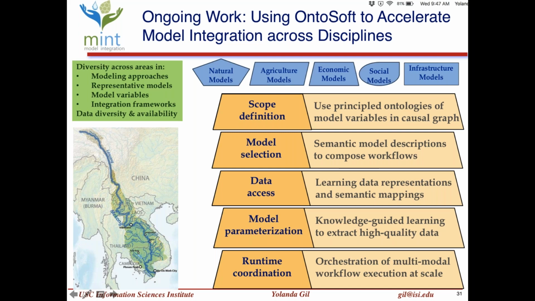If you have a number of data sources in the system where you've already annotated certain columns as temperature, and you get a new tabular file, the system will look at the columns and say, oh, that looks a lot like temperature. And that looks a lot like barometric pressure. So it does a lot in terms of learning from the examples that it has seen in order to generate metadata for new sources. There's a lot of aspects of the model integration process that we think we can automate.